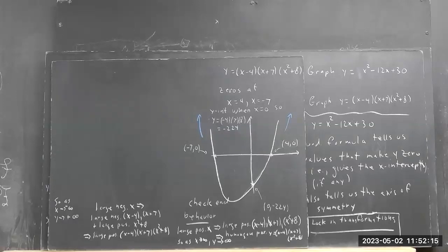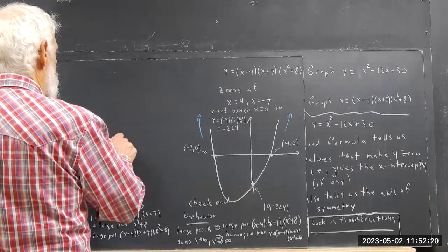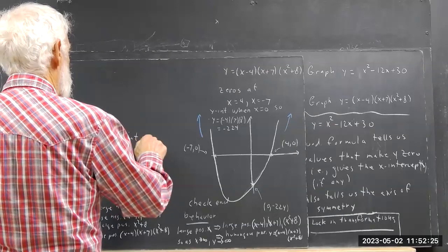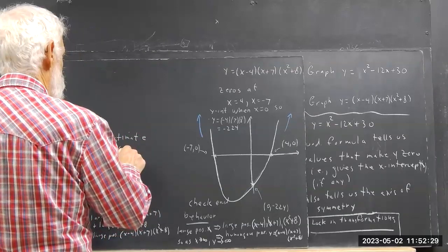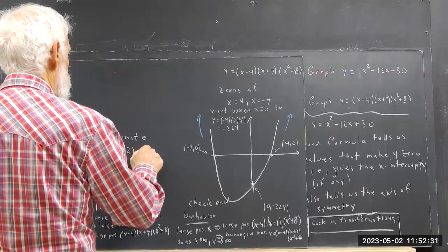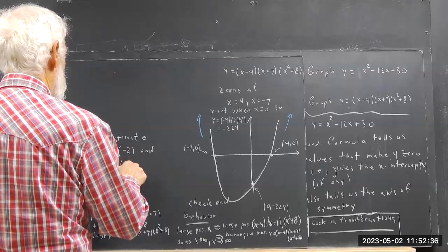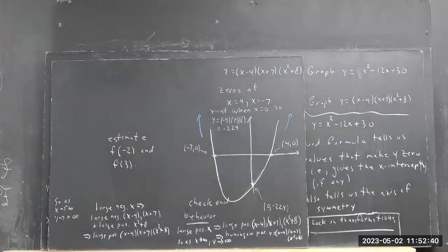Okay, going a little further with this graph. I think we estimate, let's say, f of -2 and f of 3. Okay, so I'll give you a second if you haven't already. That's a beautiful graph. Looks just like mine. It's great.